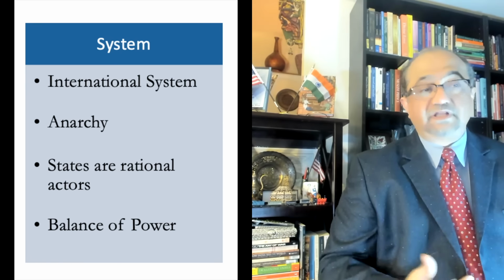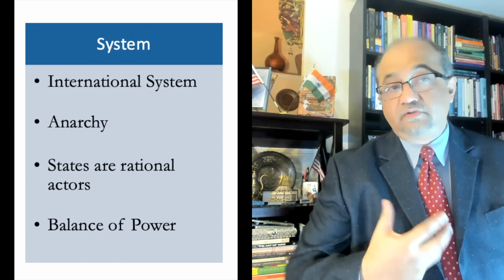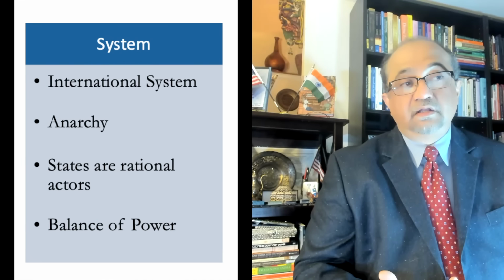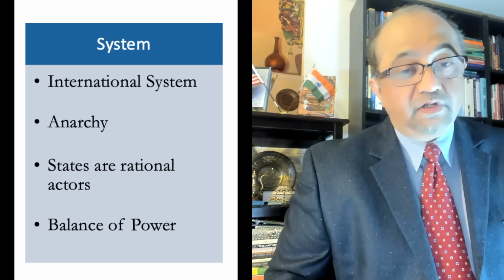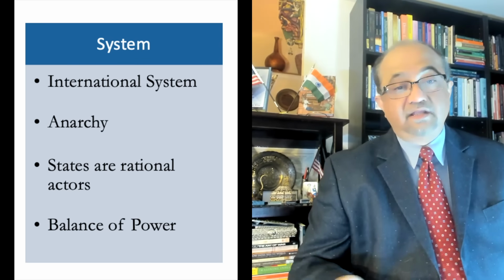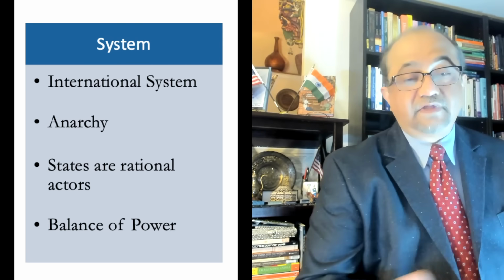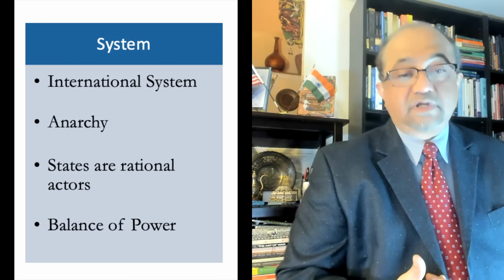And finally, because of anarchy, states have to rely on themselves. And there again, is a justification for maximization of power. You want to become as powerful as you can, because you cannot rely on anybody else to help you. And if you're watching what's happening in Ukraine, it completely undermines this particular assumption of realists. The whole Western world is coming to Ukraine's help.